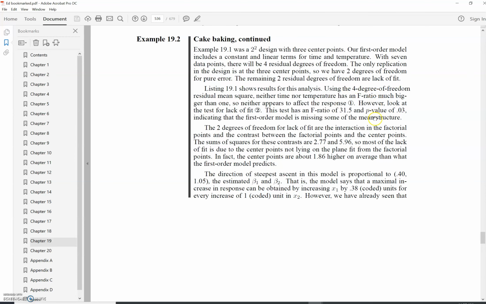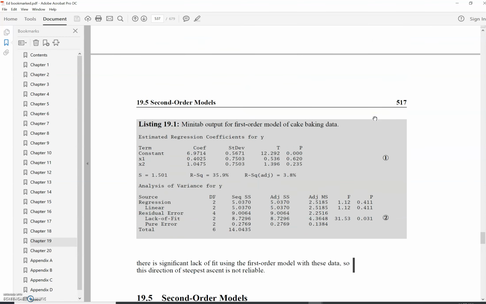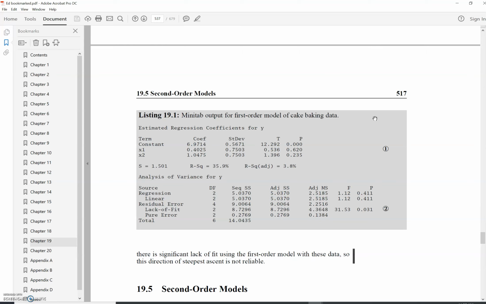So let's take a look at some of the output for this. This is out of Minitab here. We have the coefficients for our temperature and time variables, and we see our grand mean also estimated. There's an ANOVA breakdown of the model.